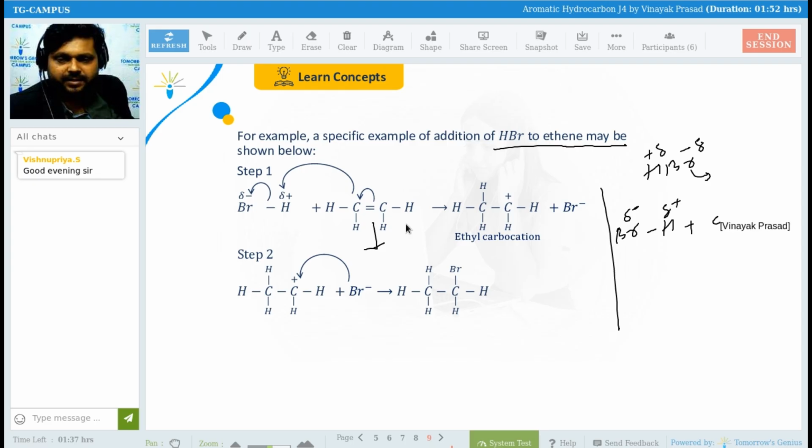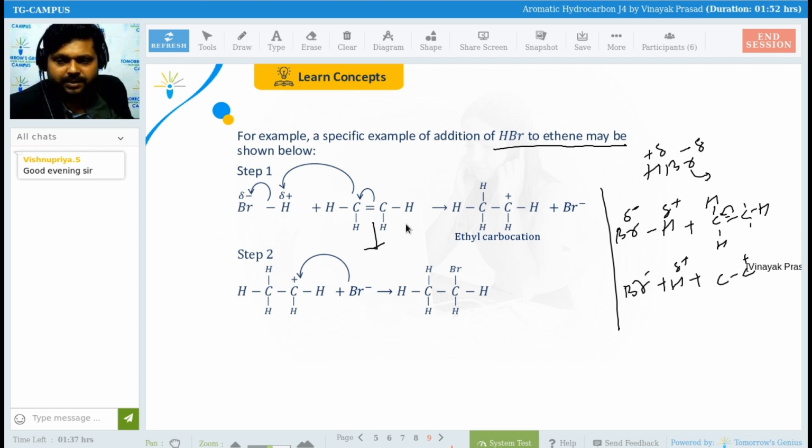Now we have the alkene, C double bond C, and H is there, right? If this double bond shifts towards this carbon, there will be Br minus and H plus. So a carbocation will be generated, right?